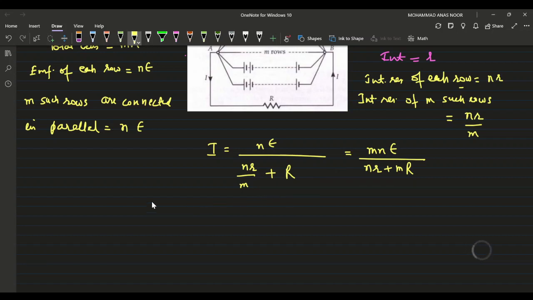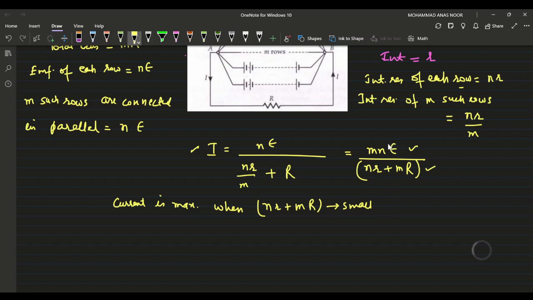Now when will the current be maximum? Current is maximum when, see, this is the numerator, this is the denominator. The fraction is maximum when the numerator is bigger or the denominator is small. If the denominator is small, this would be large because they are inversely proportional, right?